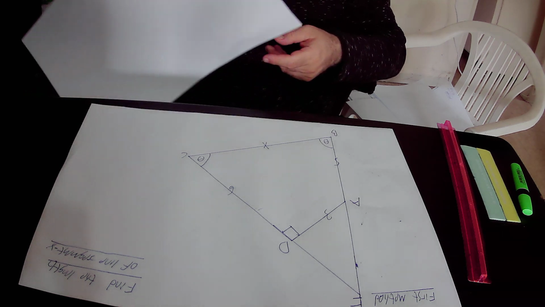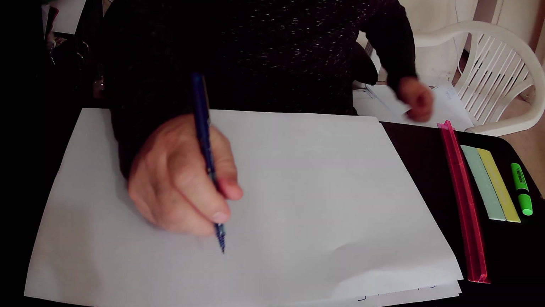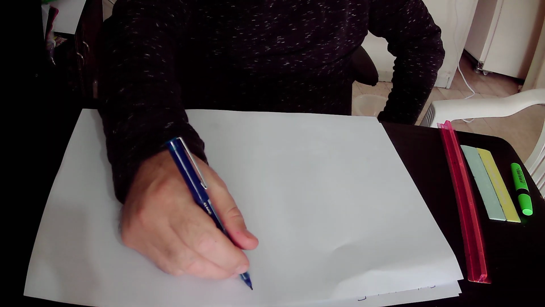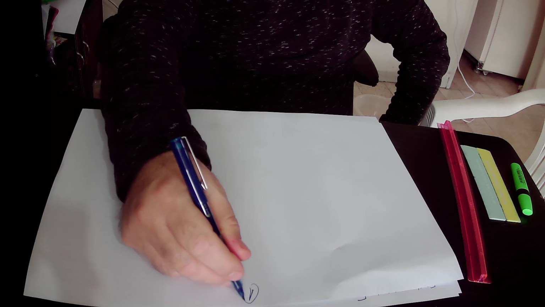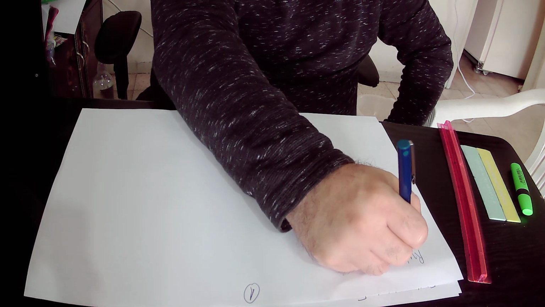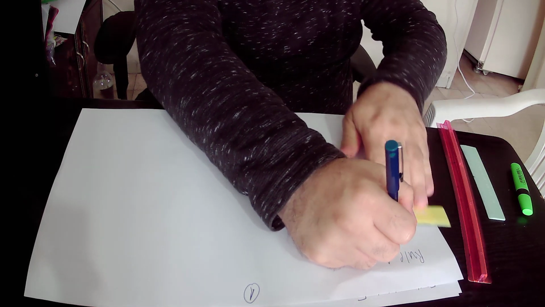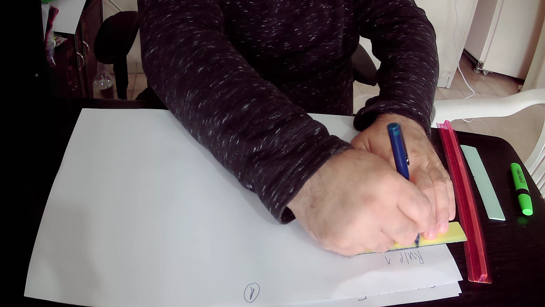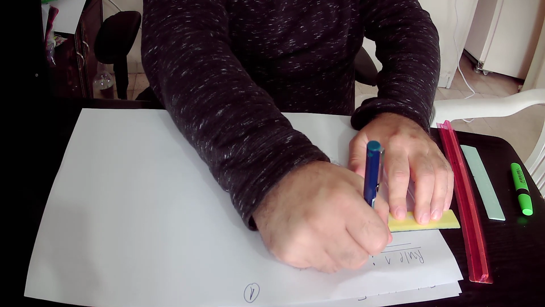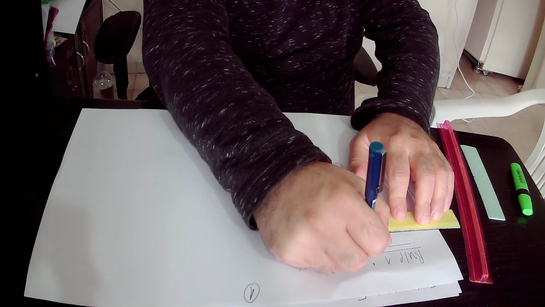According to rule number 1, in front of equal angles in the triangle, there are equal sides.